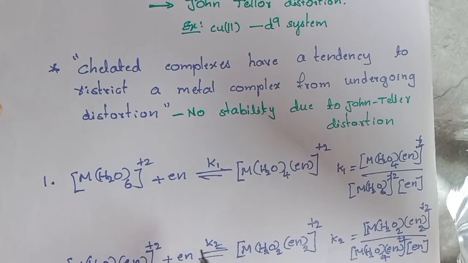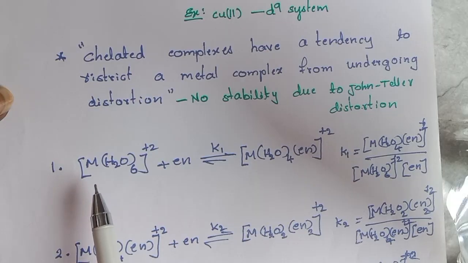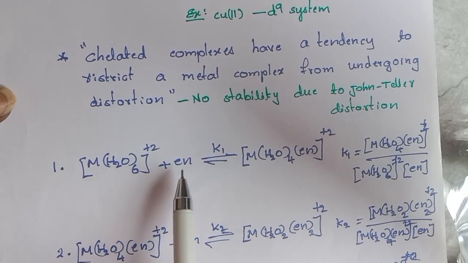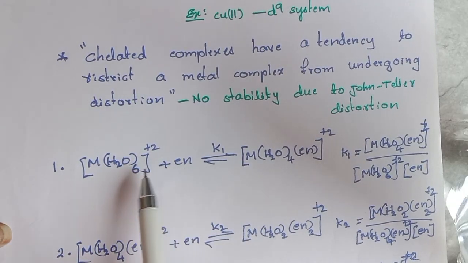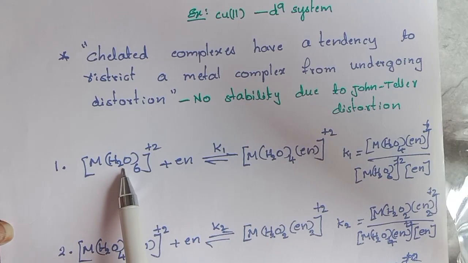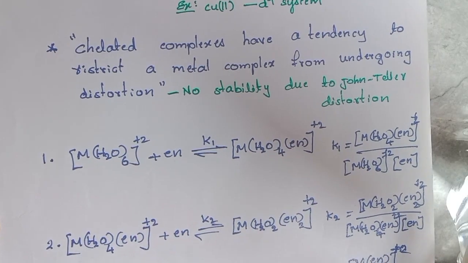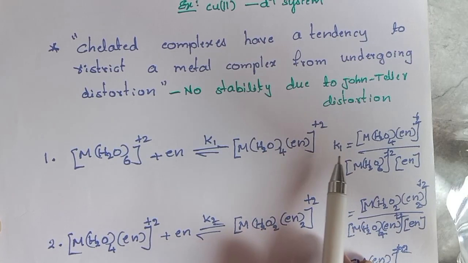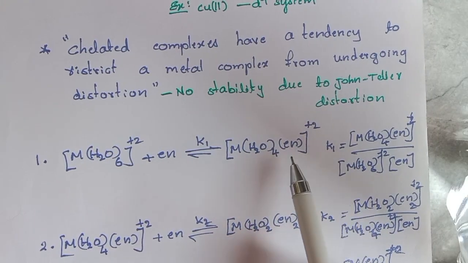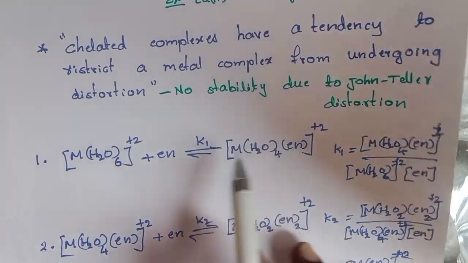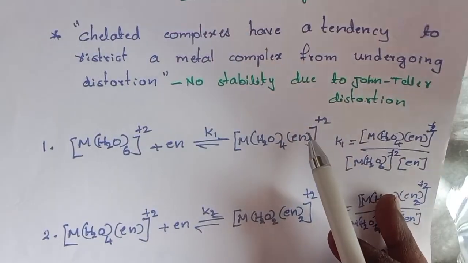If you see the equations, in the first equation one ethylenediamine molecule is replacing water molecules, so we get a chelated complex. The stability constant is the concentration of products over the concentration of reactants, like this.